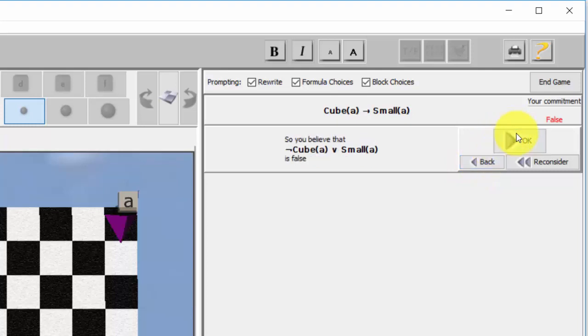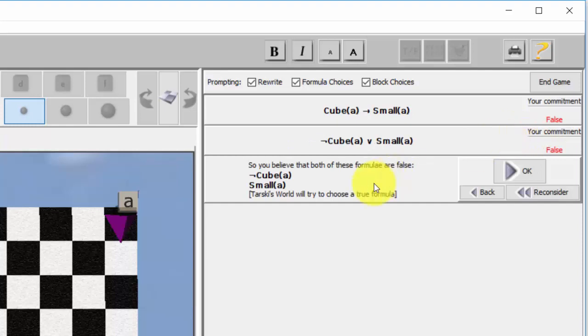Okay, so I believe that that sentence is false. I'm going to continue and say, yes, I do think that that sentence is false. So it's going to ask me, so I believe both of those formulae are false.